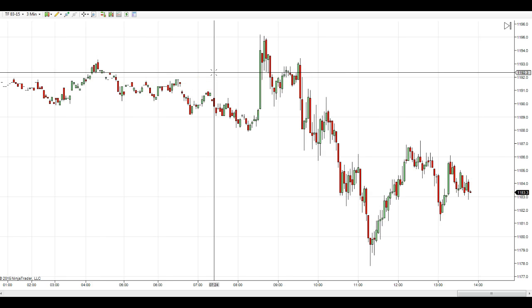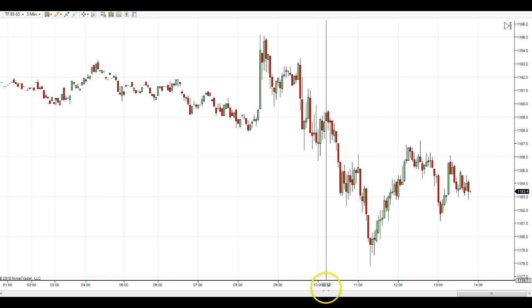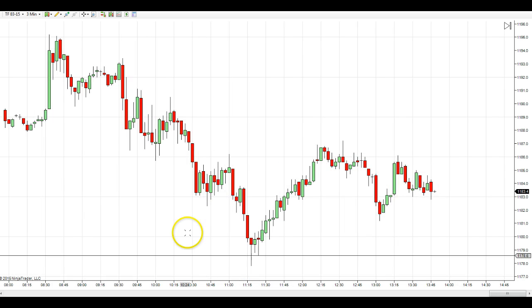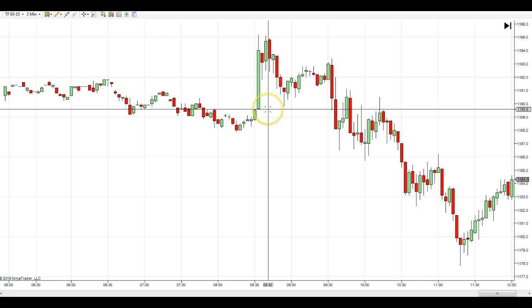If you see a green candle, look at the bottom of the body of the candle. On a green candle, it means that price opened right there, at 89.60.